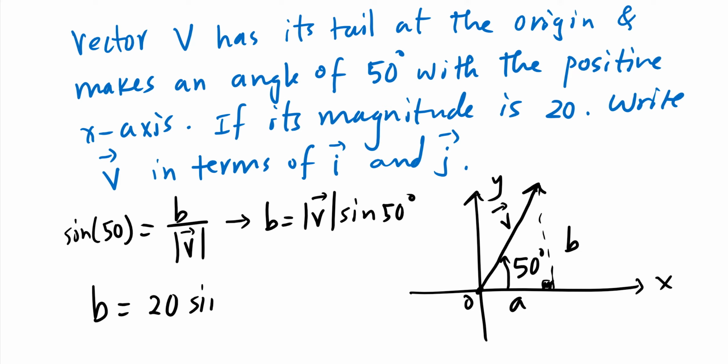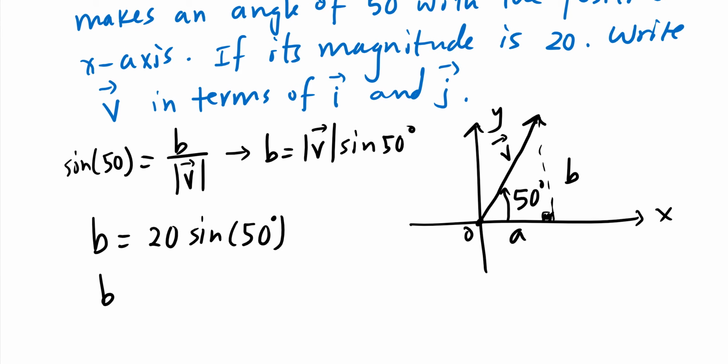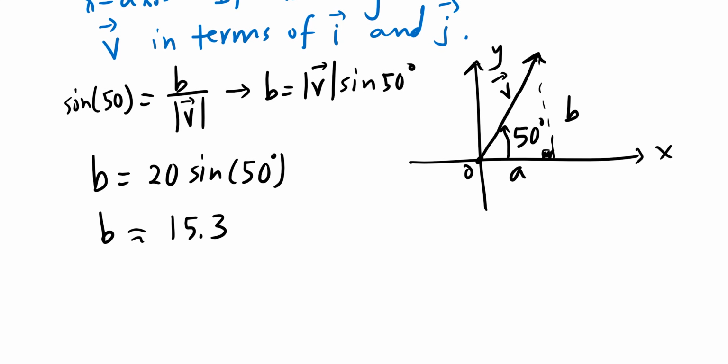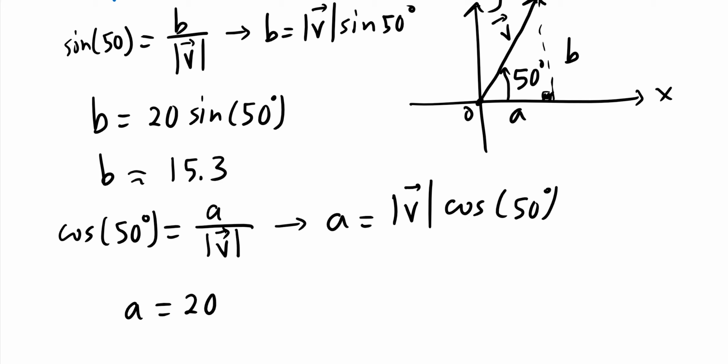So 20 times sine 50 degrees, which we can find here and round. So 20 sine 50 is about 15.3. Now we can do the same thing for cosine. Cosine 50 is adjacent over the hypotenuse. So from here, cross multiply: a equals the magnitude of v times cosine 50, so a equals 20 cosine 50 degrees.